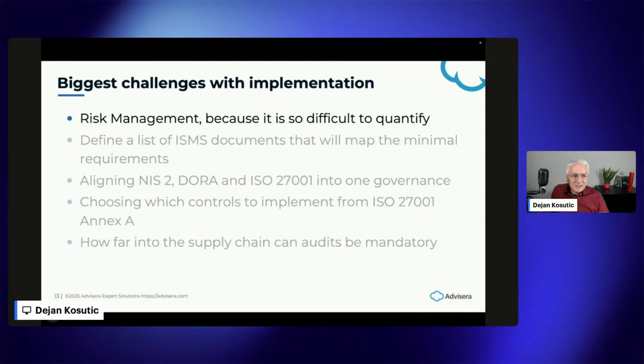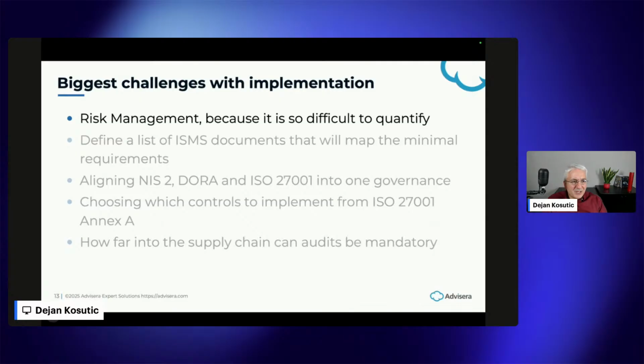Now, let me go with these biggest challenges. These are the questions I received before the webinar, and I tried to list the most interesting ones. Thank you for sending these emails. One challenge was risk management, because it is difficult to quantify. There are different approaches to risk management, and ISO 27001 doesn't really provide too much detail on how risk management needs to look.